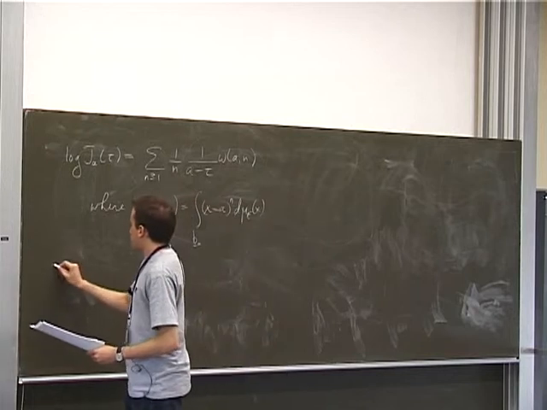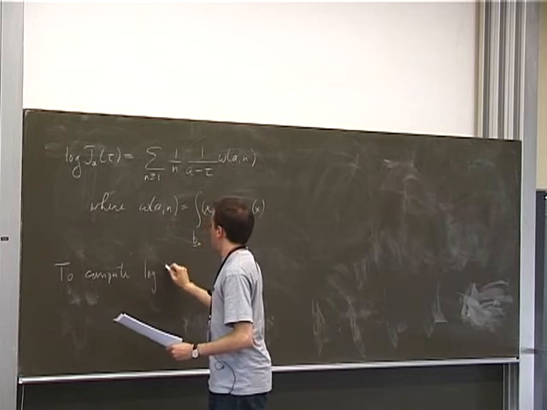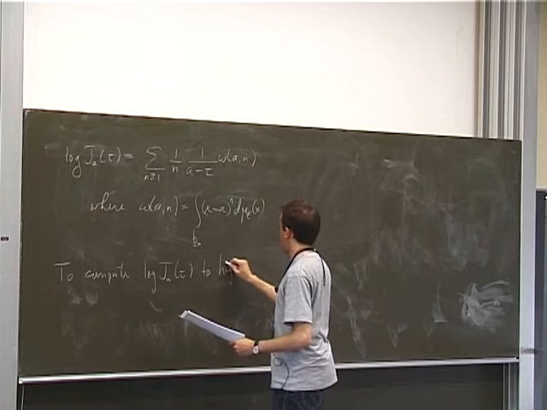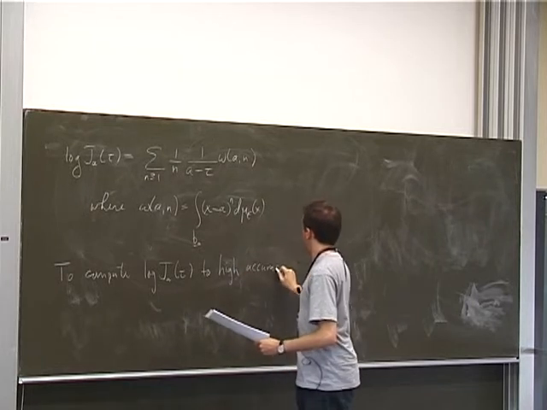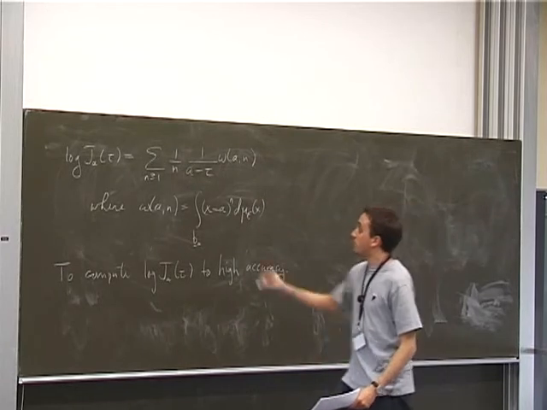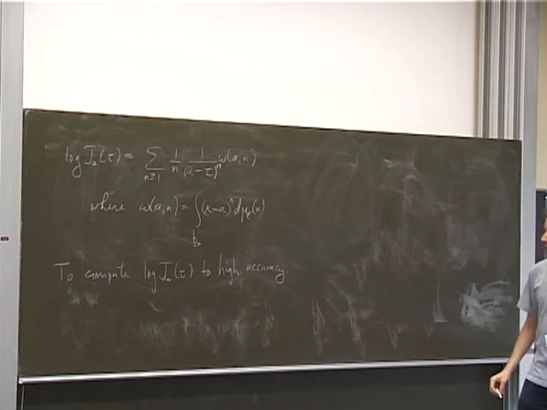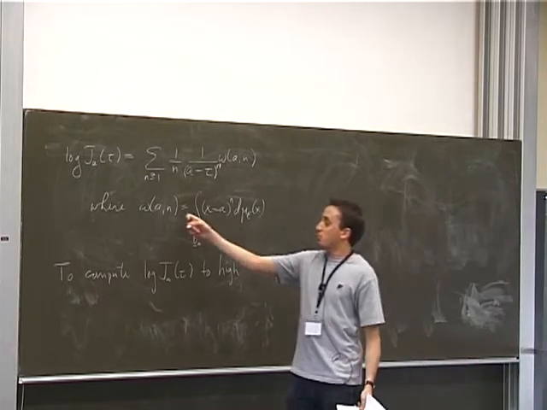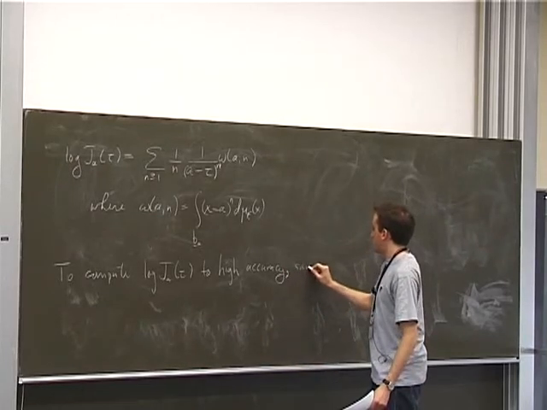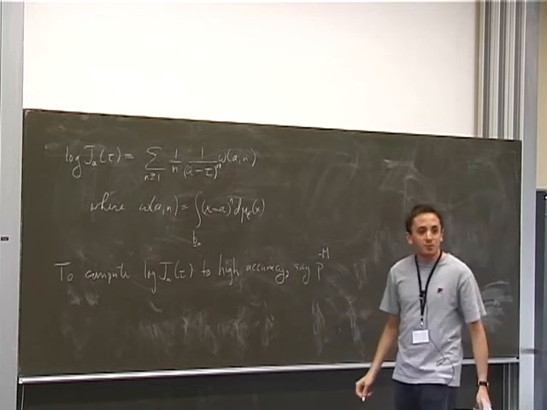So to compute log of J_a of tau to high accuracy, what you really have to do is compute these moments to high accuracy, say an accuracy of p to the minus m. I'm going to be measuring my accuracy p-adically, of course.